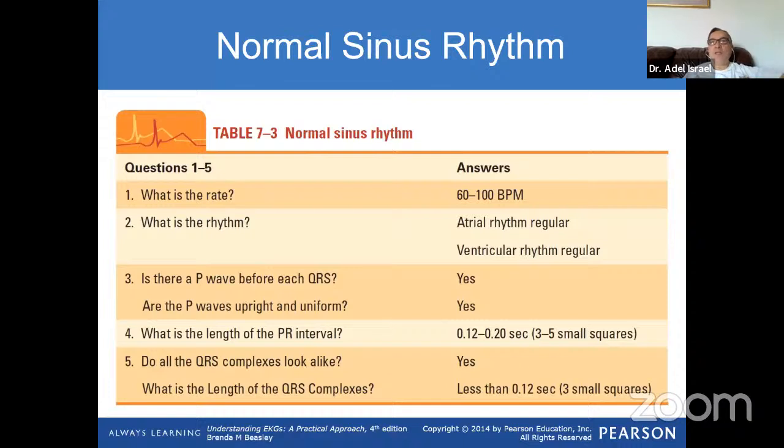Here, if you need to save all that we mentioned since we started this course, you will find all of it here. As you see, we have 5 steps, 1, 2, 3, 4, 5, and each one has a limit of normality. If we find all of them normal, we will say this is normal sinus rhythm.